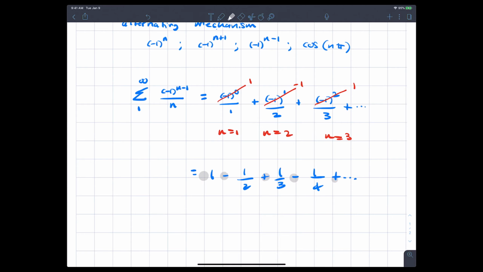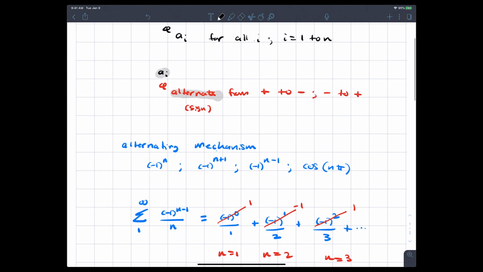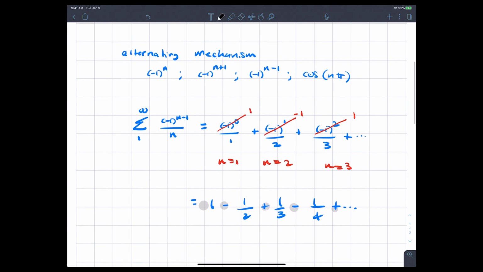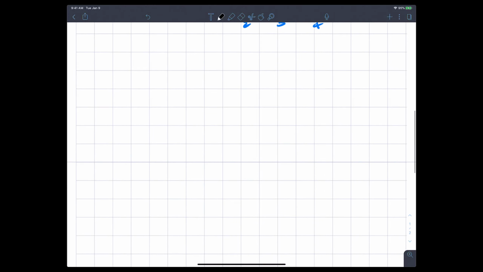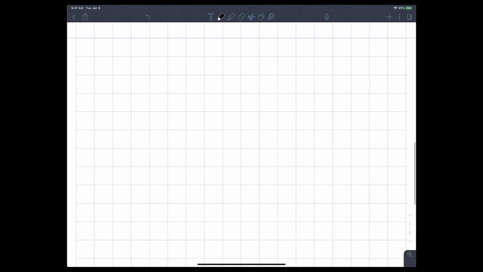Here's something you can see. Again, you might ask, what's the point of this particular test? Well, this test applies to every alternating series. So let me write down the alternating series test, and of course, we have some assumptions.